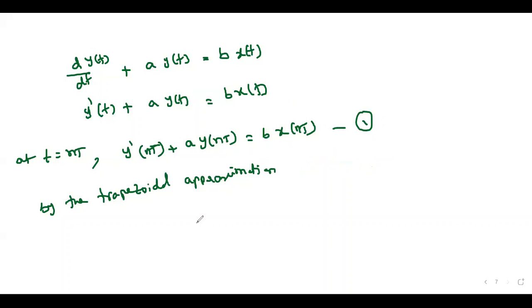By the trapezoidal approximation, any continuous function y of t can be written as the integral within the limits t naught to t of y dash of tau d tau plus y of t naught. So it is the summation of all the points of derivative terms including its initial value. So that is y of t.